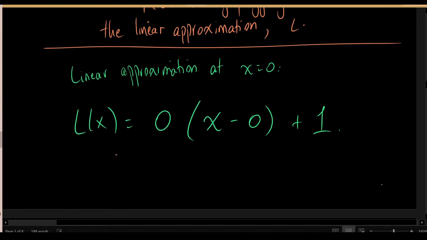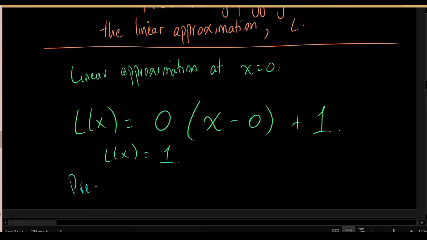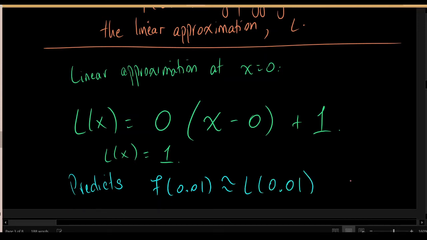Now if we simplify this, we get that the linear approximation to the function is a constant function 1, which predicts that the value of the original function will be roughly the same as the value of the linear approximation, approximately equal to 1.